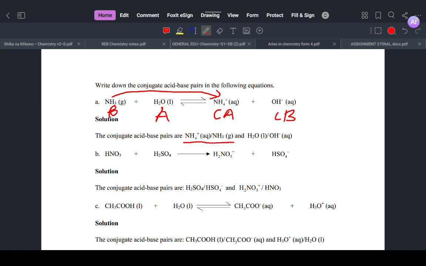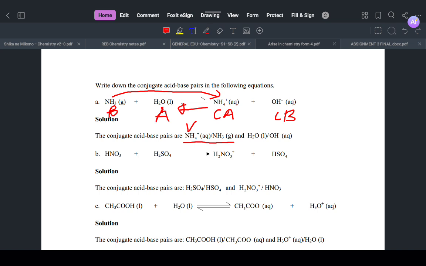Notice here that we start with the acid part. If the reaction is reversible, it is going backwards. It means ammonium will have to lose one hydrogen, and what will remain of it is going to be NH3, which is the base.